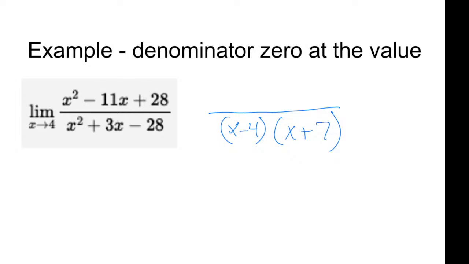As x goes to 4, x minus 4 is going to be 0, whatever the other term is, so we're going to get a 0 in the denominator.